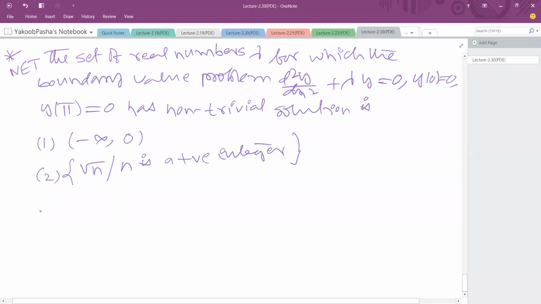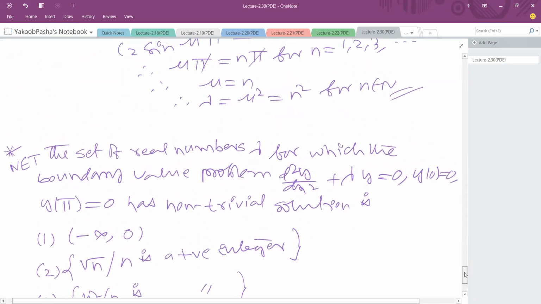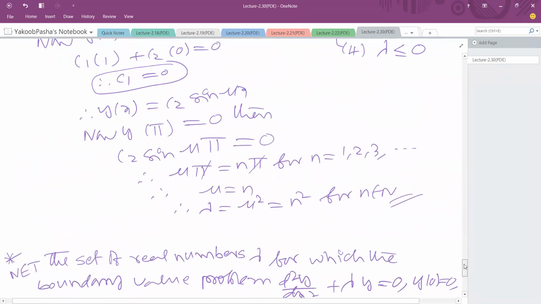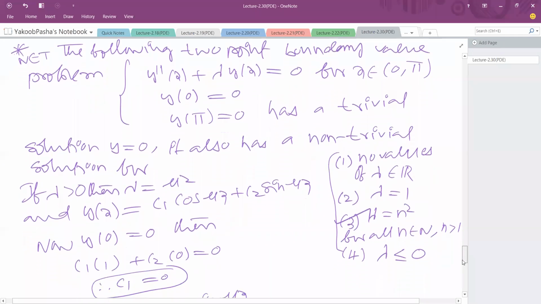And third option, n square such that n is a positive integer. And fourth option, set of real numbers. These are the options. Okay. Actually, this is the previous problem. Y double dash plus lambda y is equal to 0, y of 0 equal to 0, y of pi equal to 0. Same problem. Okay.